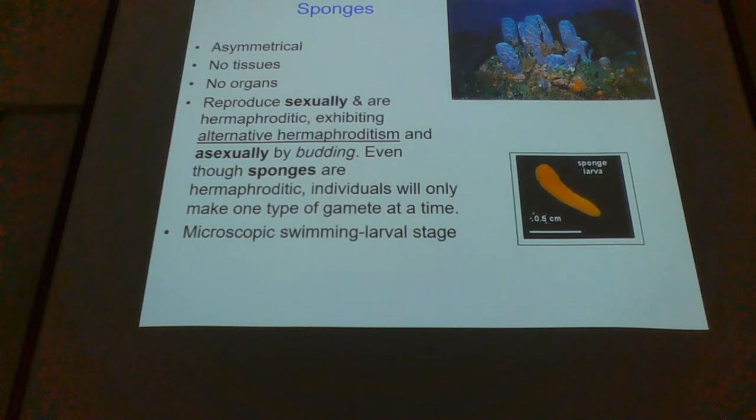Why do you think that happens? Why wouldn't it be more convenient to produce egg and sperm on the same body? Maybe fertilization would happen very easily because it's on the same body, reproduction more efficient. Genetic diversity.